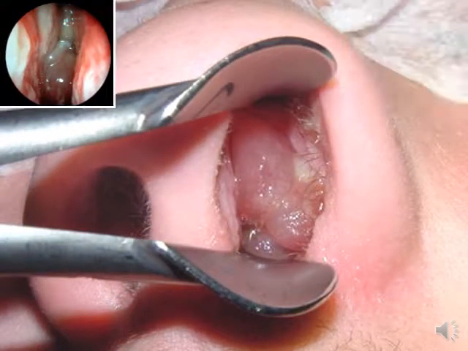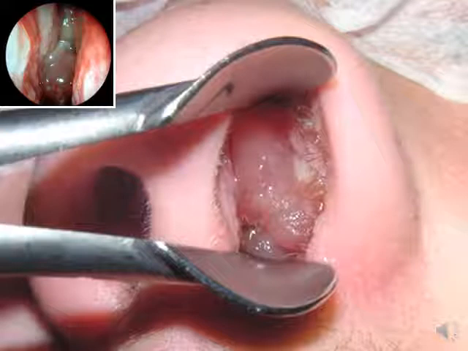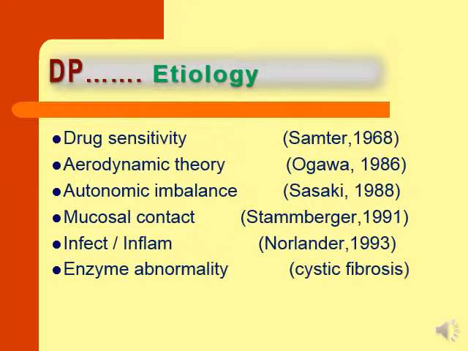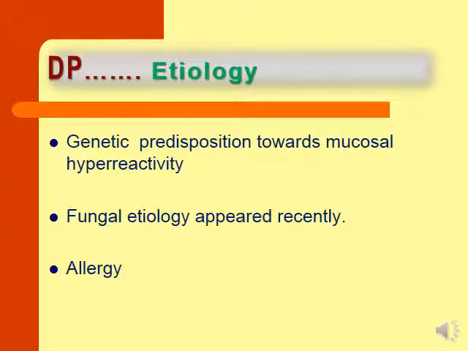This is an example of what we call diffuse sinonasal polyposis. As you see, there are many etiological factors. Look at this slide: you will have 6 factors that cause the diffuse polyps to arise. In this slide, you have another 3.